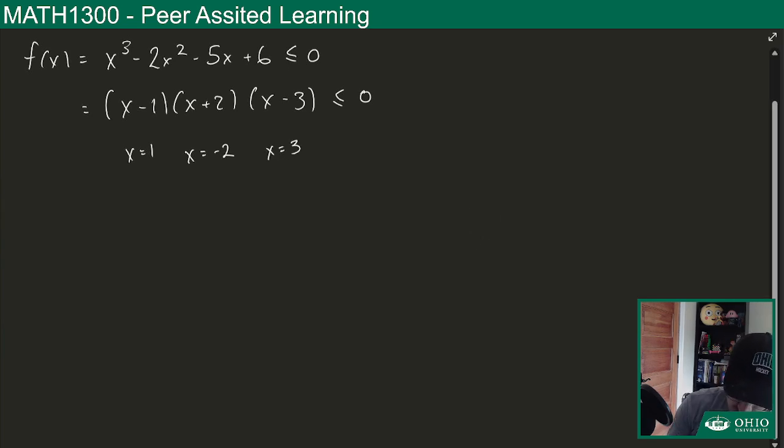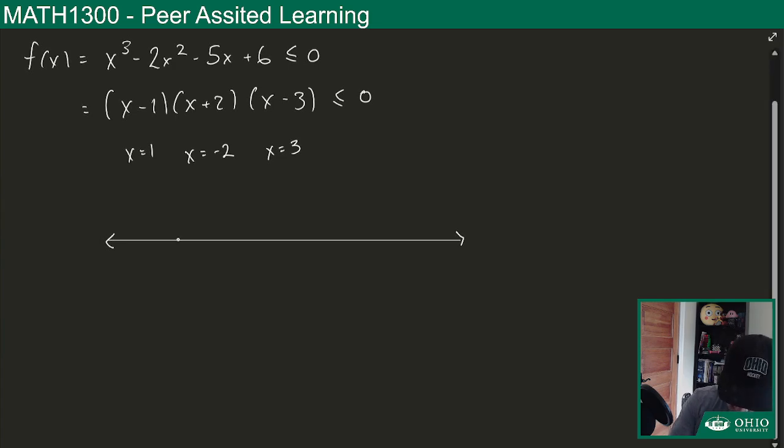Now we can draw out our number line, and we're going to write down these areas of interest. So I can draw hopefully a straight line. Yep, there we go. And then put arrows on each end.